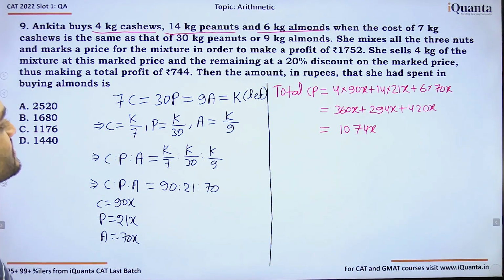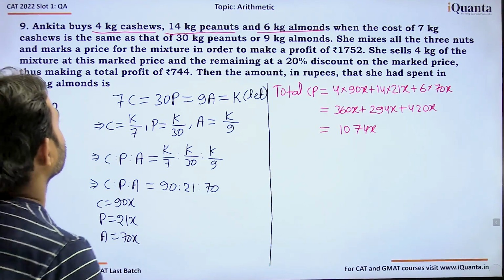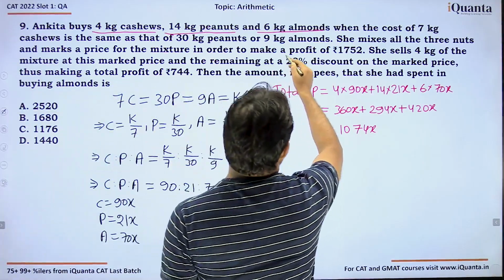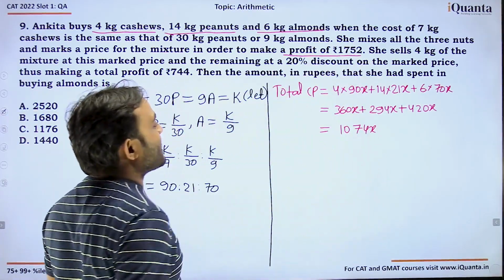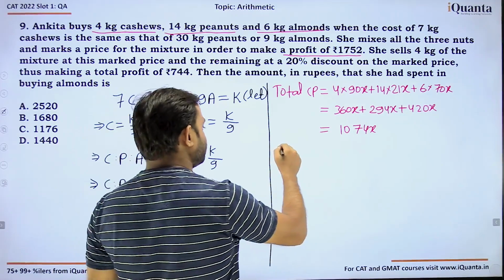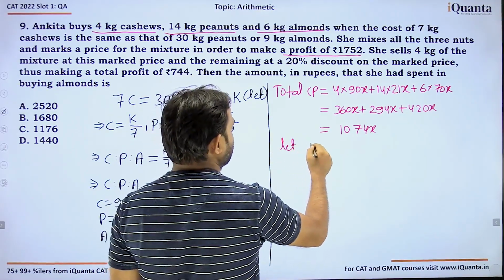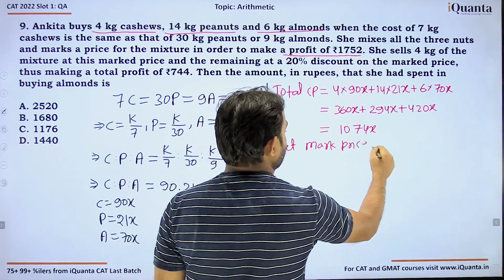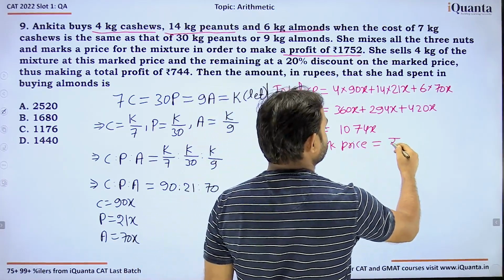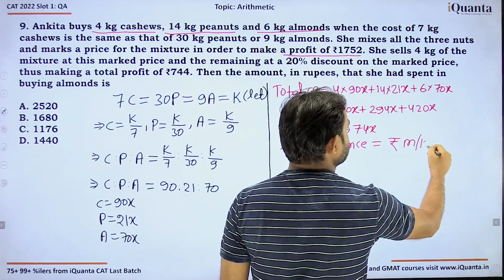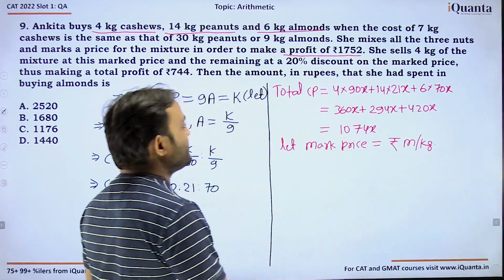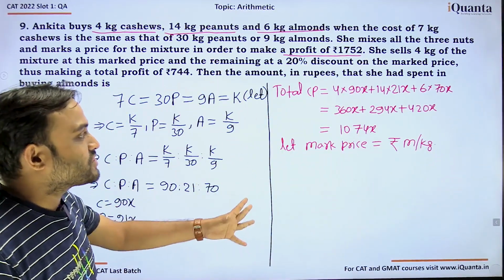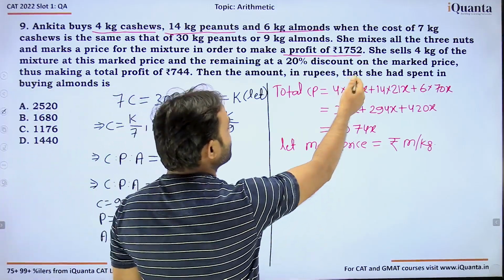Now it says she mixes all the 3 nuts and marks a price for the mixture in order to make a profit of 1752 rupees. So let the mark price be equal to m rupees per kg. The first equation we get is the total mark price.